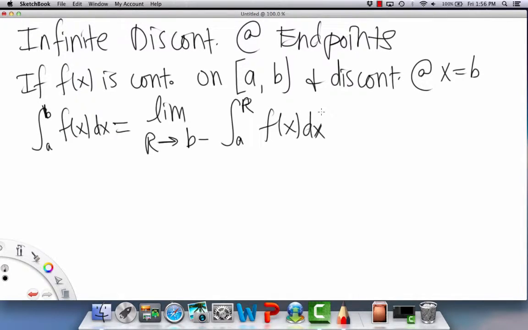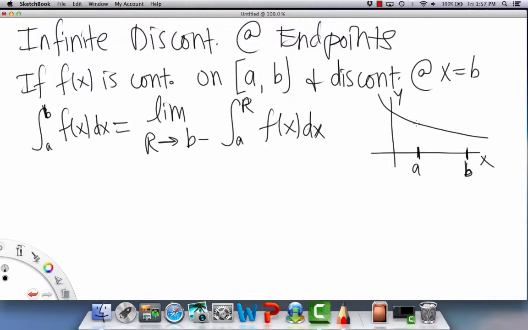Okay, so for this one, what this means, let's say we have a graph, right? So we have something like that. Okay, here's our x and here's our y. And then let's say here's a and here is b. Okay, so reading the beginning of the, I don't know if this is a theorem or I guess I'll just call it a rule. So it says if f of x is continuous on a to b and discontinuous at x equals b.